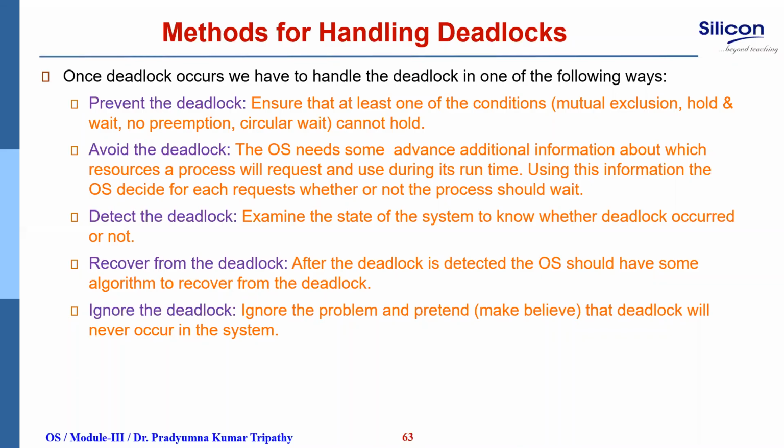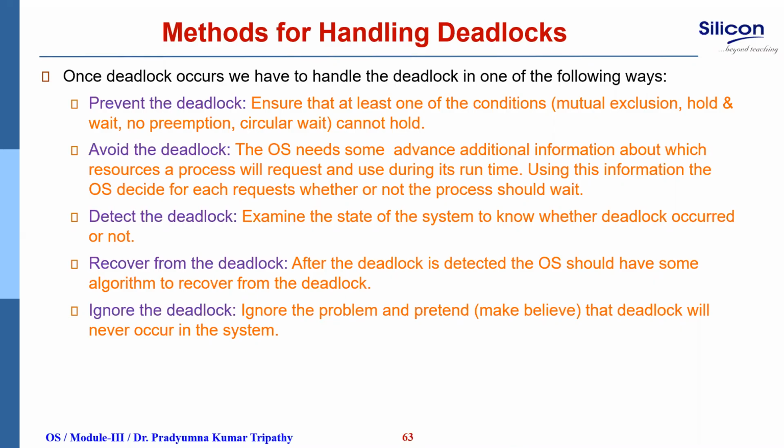Suppose for a particular disease, for measles or for some cold diseases, people take preventive medicines so that the cold will not catch them. It's a prevention. So before the deadlock, we'll take some prevention so that deadlock will not occur.